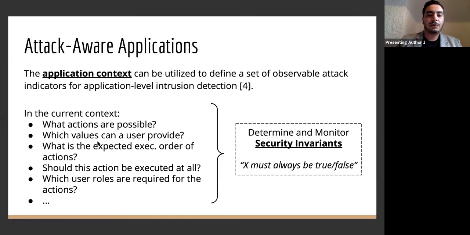But if you're able to catch invalid values anyway, then you can be sure at this moment that someone is using, for example, an interception proxy. And these kinds of observations you can make by looking for so-called security invariants. So what you would do here is not only enforce those invariants so that they are not being violated, but also monitor them when a violation attempt is ongoing and then respond appropriately.